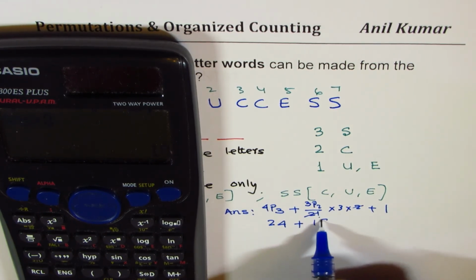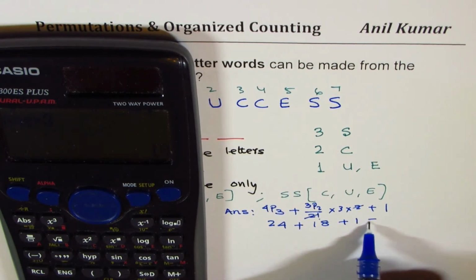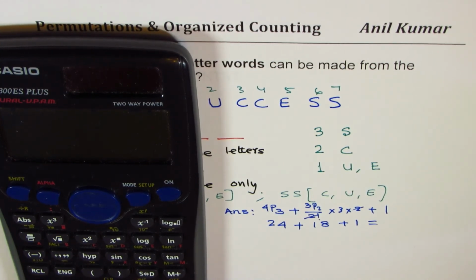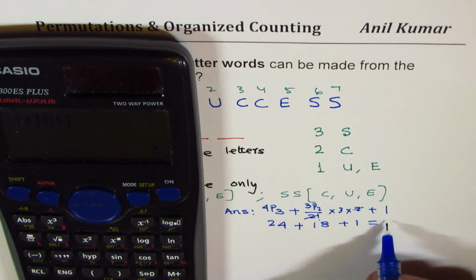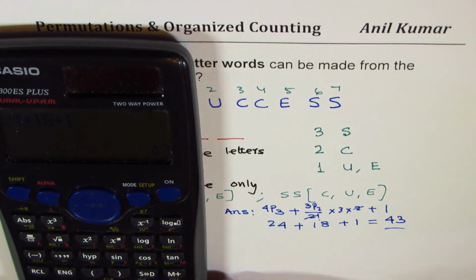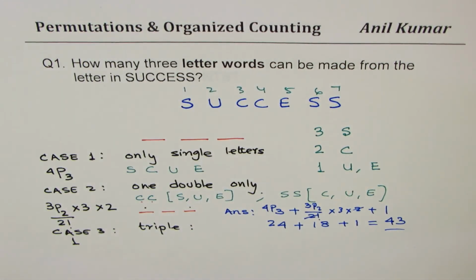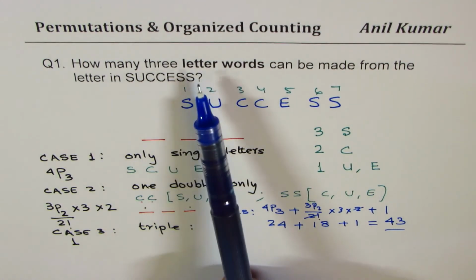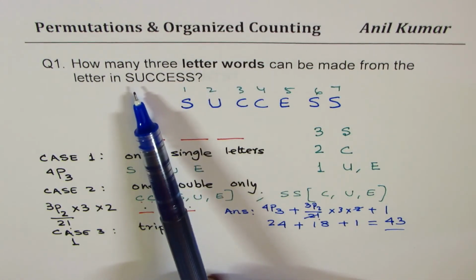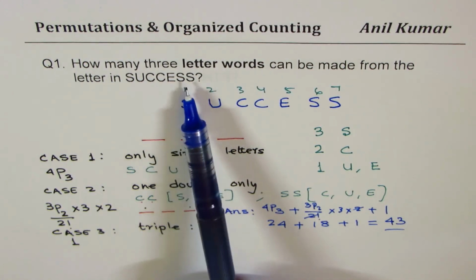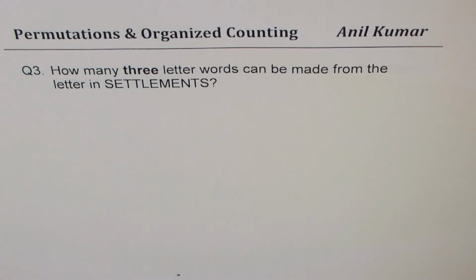We get 18 here and plus 1, and that gives you 24 plus 18 plus 1 as 43. So there are 43 different ways in which we can make 3-letter words from all these letters in success. Now let's take another example.